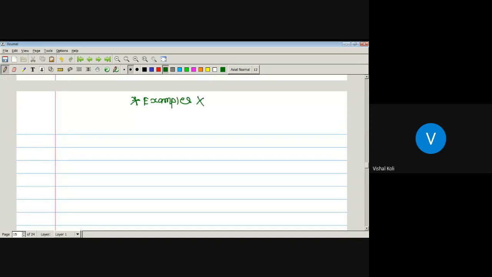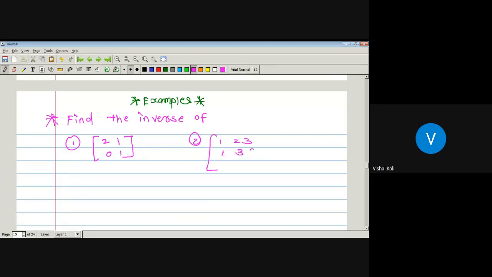Examples. First one, find the inverse of A equal to [2 1; 0 1], and second one [1 2 3; 1 3 3; 1 2 4].